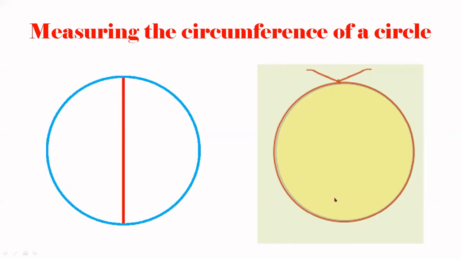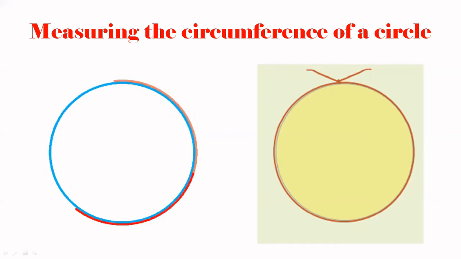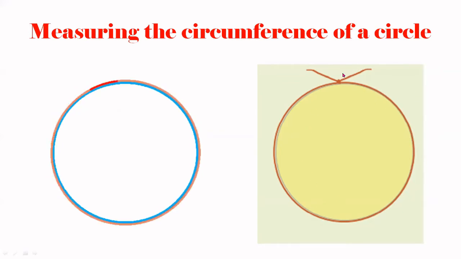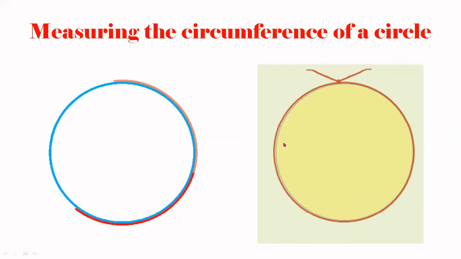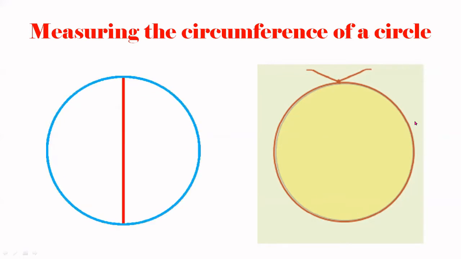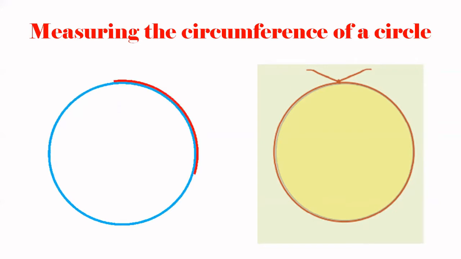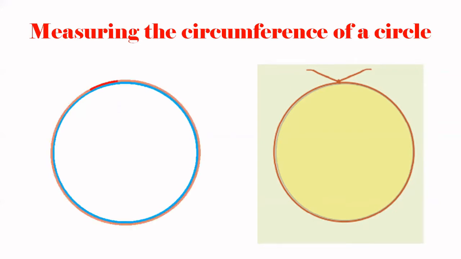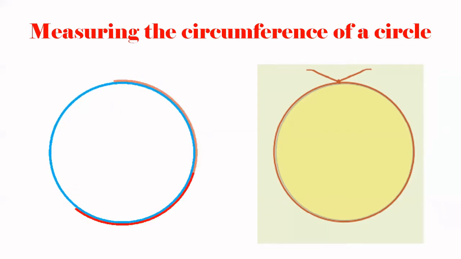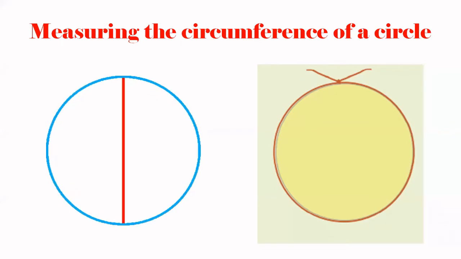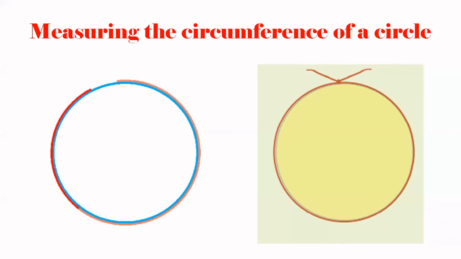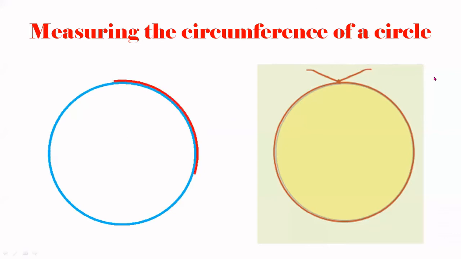Otherwise, there is no method to measure the circumference of the circle, because the circle has a curved line. So the method is we can take a thread, get the circumference onto the thread, and using the straight edge we can get the circumference.